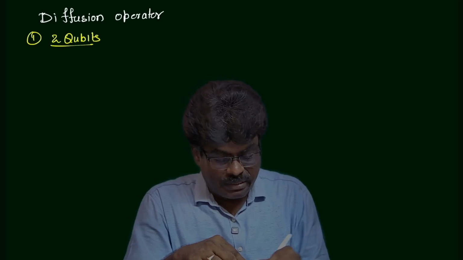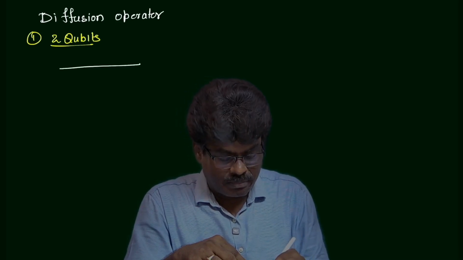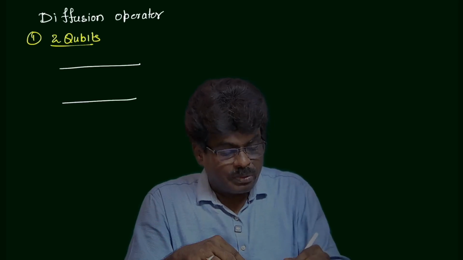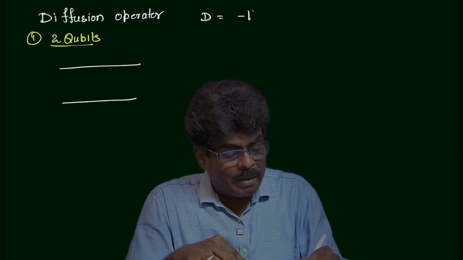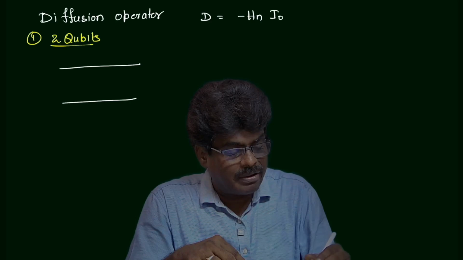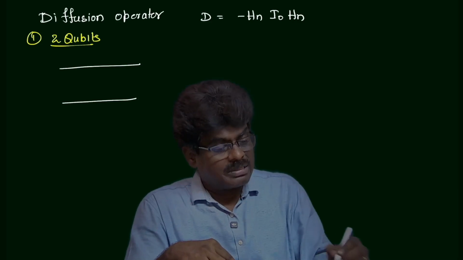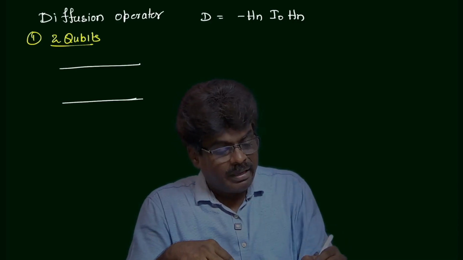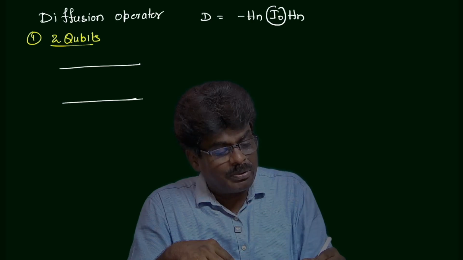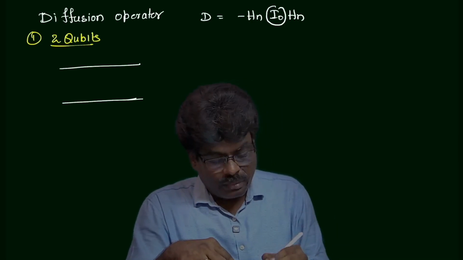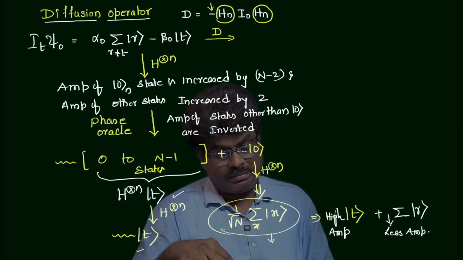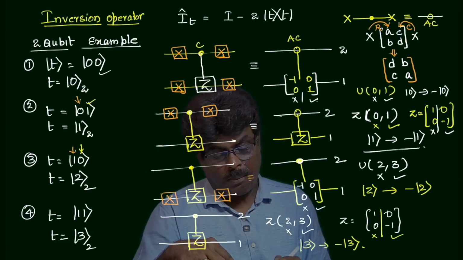So here the diffusion operator D is equal to minus Hn I naught Hn. Okay, so 2 qubit states we have taken. Here I naught, I hope you know what this I naught is. This we have already discussed.